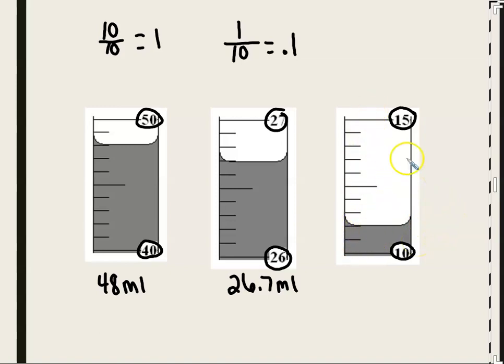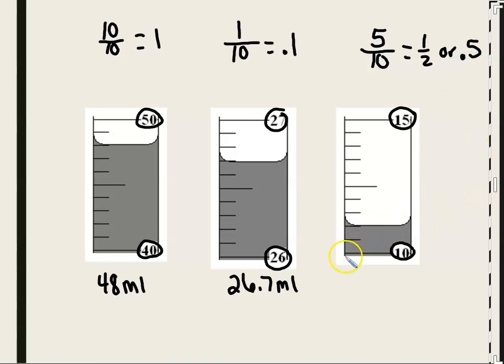So in between, let's do this first. 15 minus 10 is 5. So I'm subtracting the smaller number from the bigger number that's printed on the equipment. And then we count the lines. In this instance, again, there are 10. So 5 divided by 10 is a half. Or shall we say everything's 0.5.